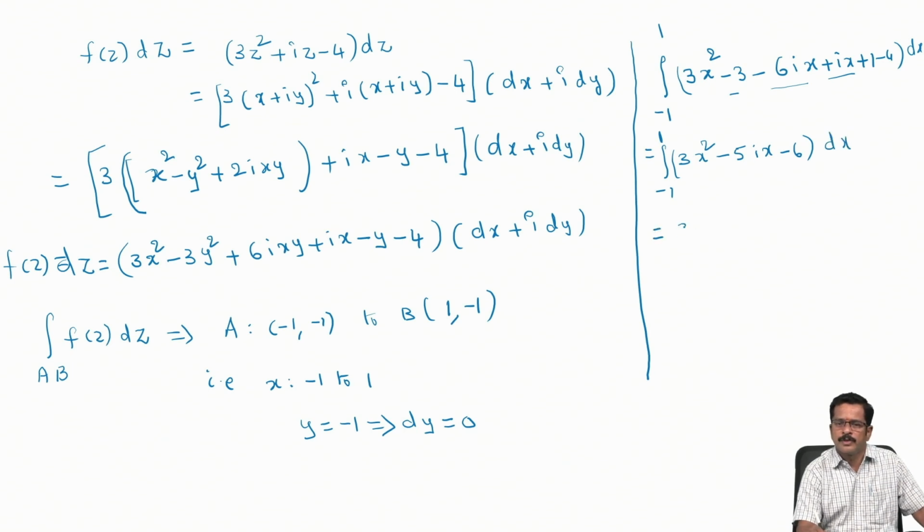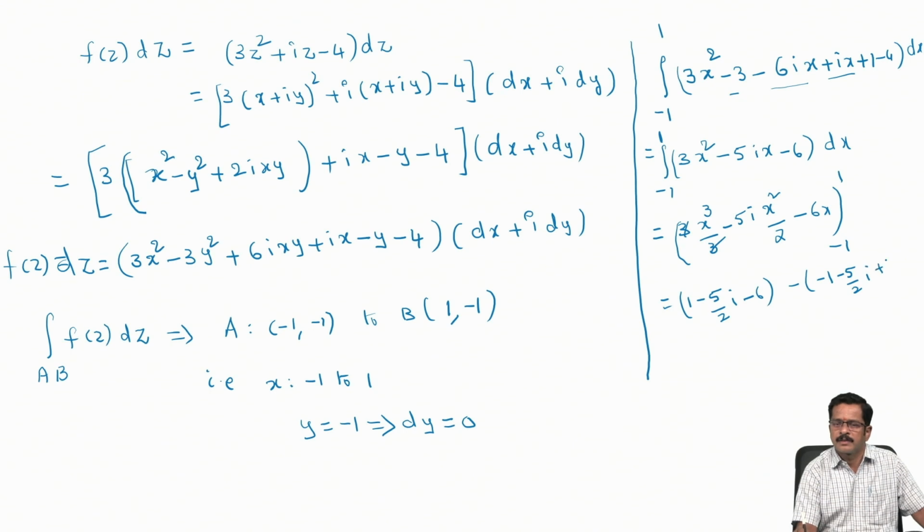So which is equals to 3 into x cube by 3 minus 5i into x square by 2 minus 6x, over the limits minus 1 to 1. So if you substitute the upper limit 1: 1 minus 5 by 2 i minus 6, and the lower limit minus 1: minus 1 minus 5 by 2 i plus 6.